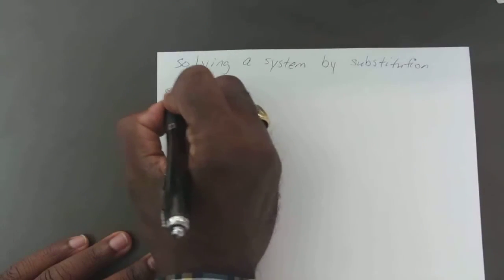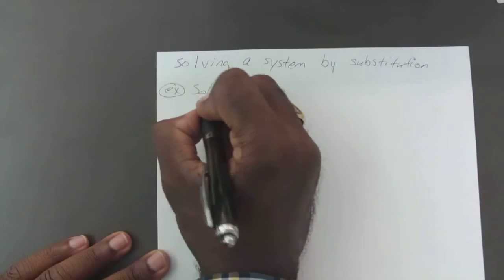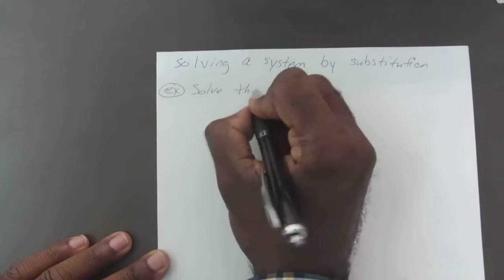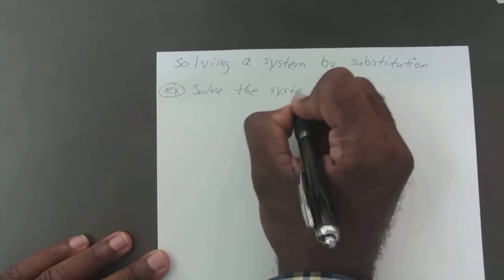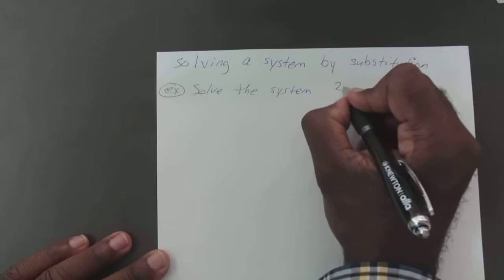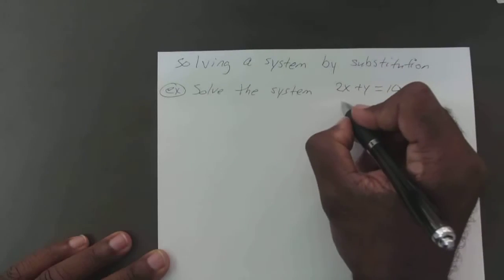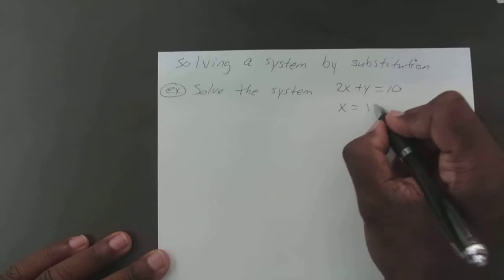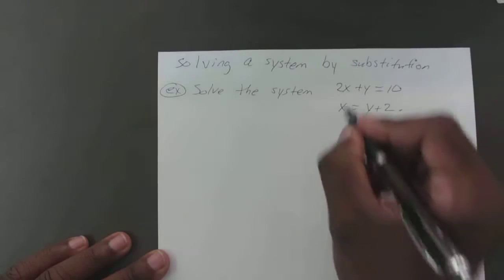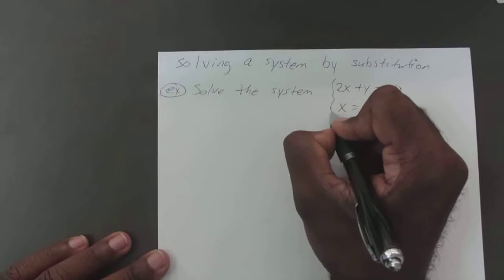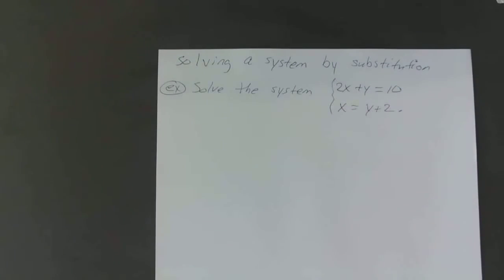Let's say, for example, we wanted to solve the system 2x plus y equals 10 and x equals y plus 2. You usually see a bracket there letting you know that's a system.